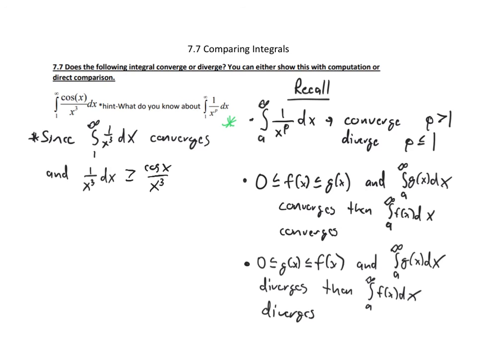You're probably wondering how I know that. Well, the greatest possible value of cosine is 1, and its smallest value is negative 1. So cosine of x is always less than or equal to 1. For this reason, we can use this idea here, and so we now know the integral from 1 to infinity of cosine of x over x cubed dx converges.